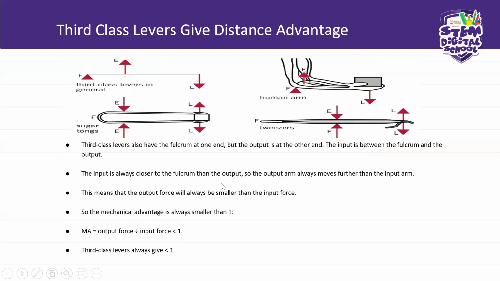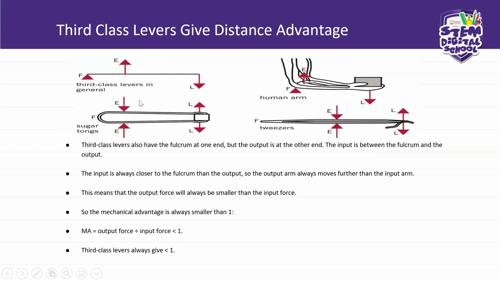Right. Third class levers give distance advantage. Third class levers. There's the fulcrum. You have your effort in the middle between the fulcrum and the load. So when you look at the input arm, this is the output.